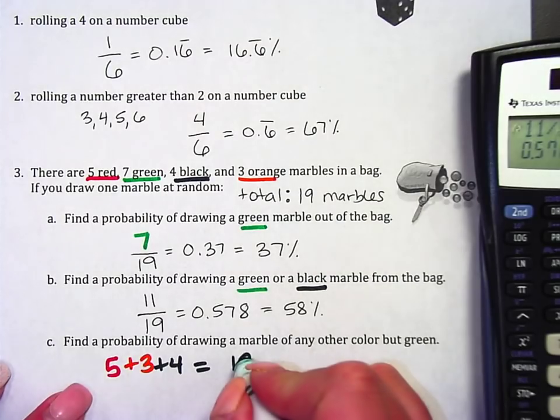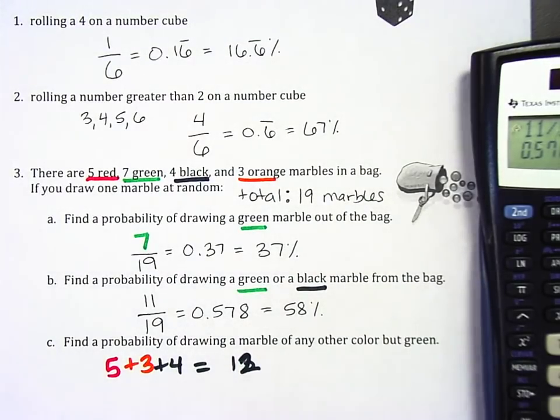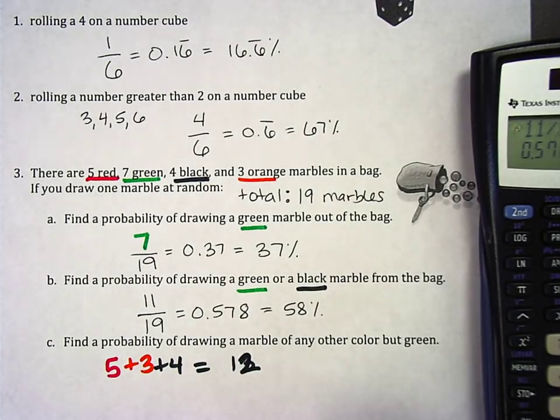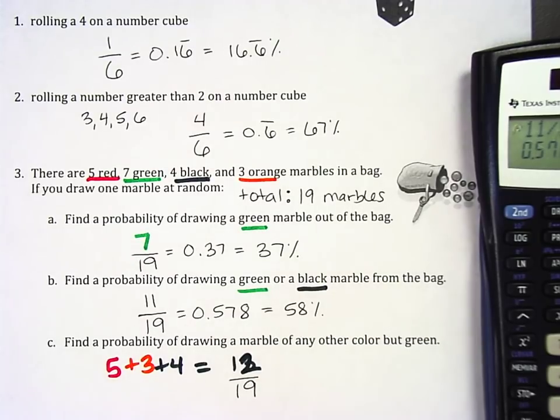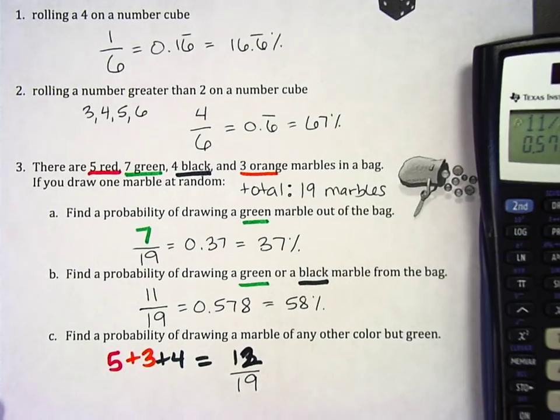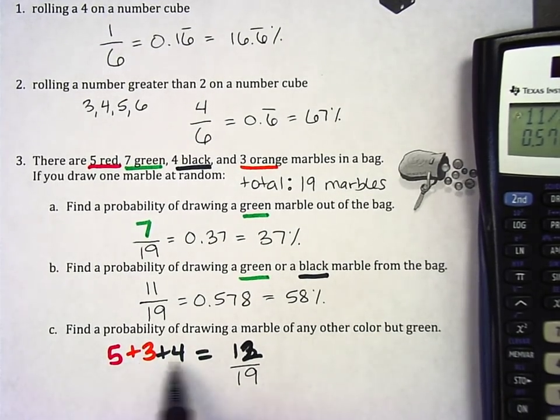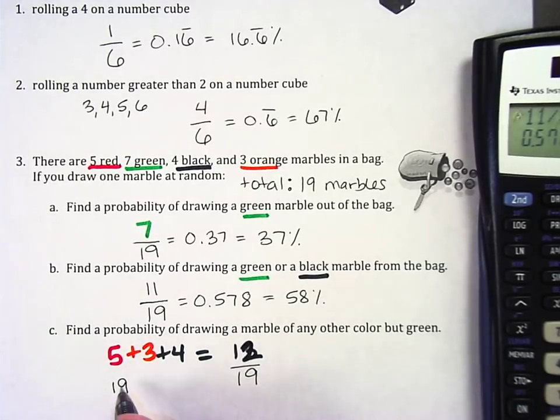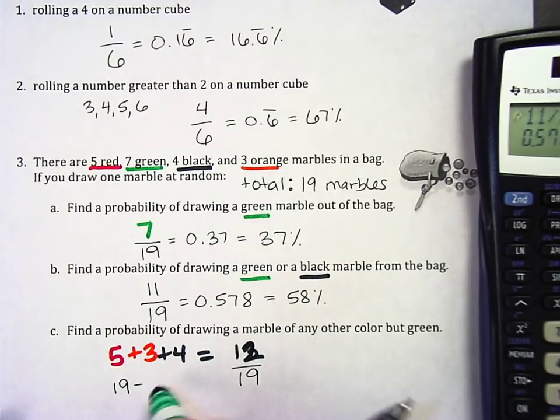Sorry, 12. I'm a math teacher. 12 out of a total of 19. Another strategy, which I'm going to write down below it, is if you have a long list of things, I wouldn't recommend necessarily adding up everything. I could do my total was 19 and then subtract my 7 green.